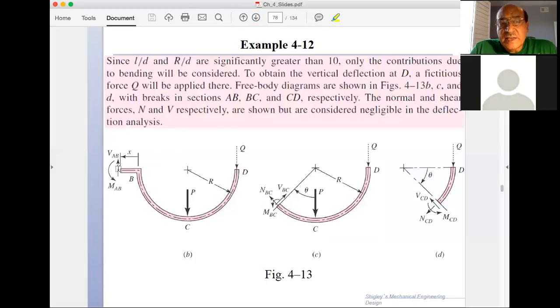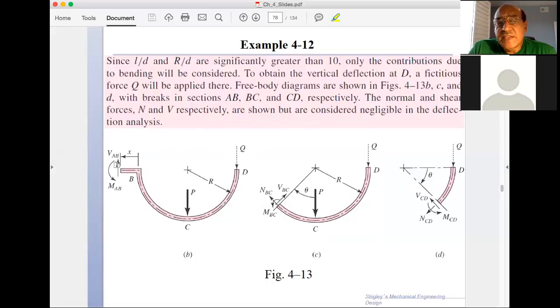Here are the sections. We have sections AB, BC, CD. So there are basically three parts, and we need to compute the elastic energy for each part and then add up the three parts. The computation involves a Q and a P, and it's all moments.